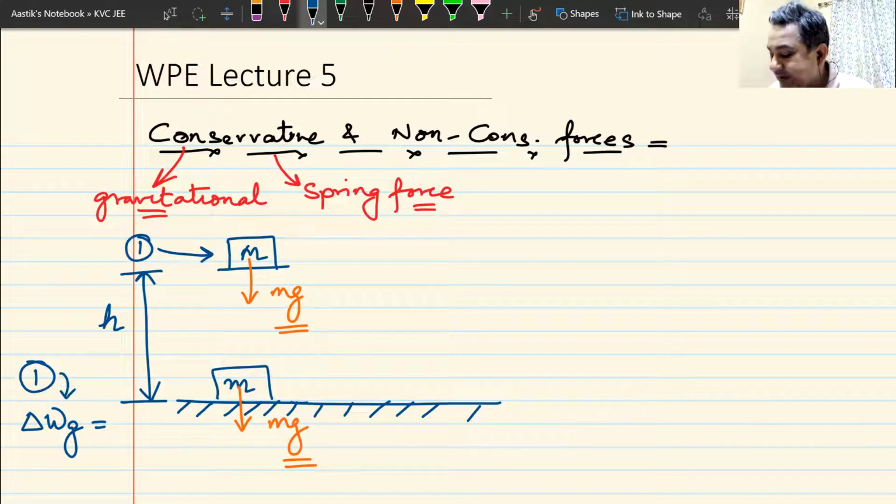What is the work done by gravity? Simplest question. What will be the work done by gravity in this case? Anyone? No one knows the answer for this?